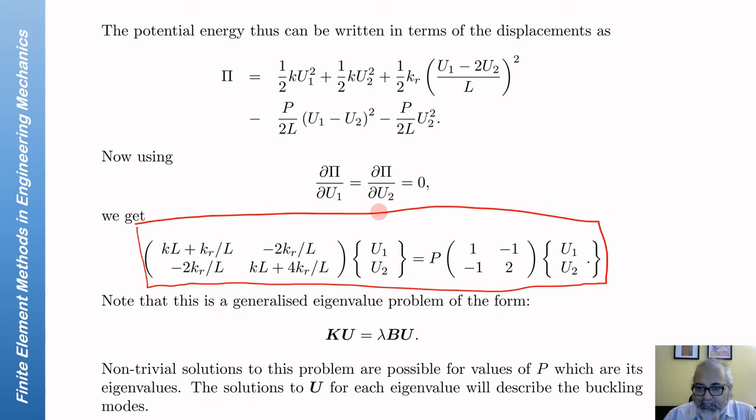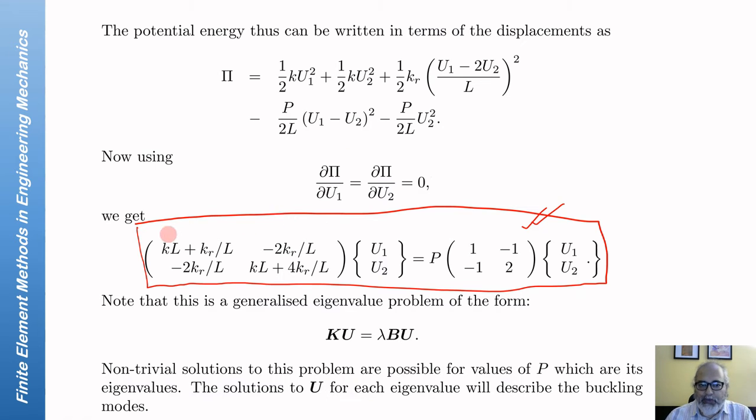Now, the difference from the previous solution is that on the right hand side, you don't have a set of external forces, but you have a force that depends on the generalized displacements themselves.